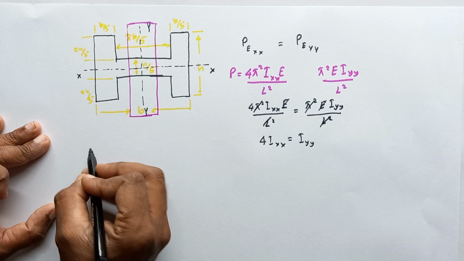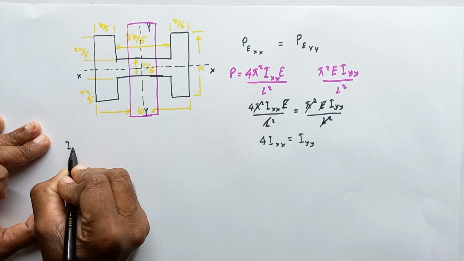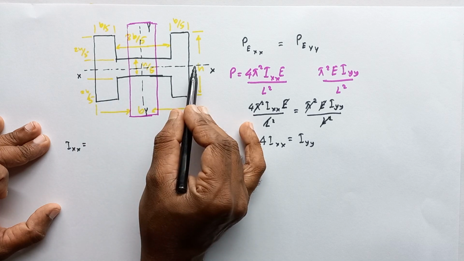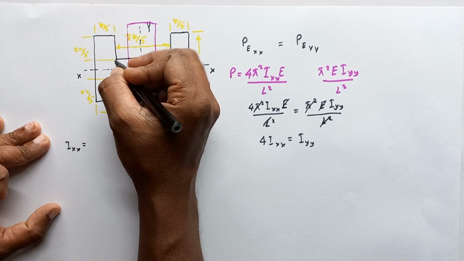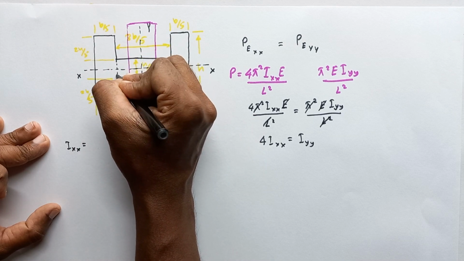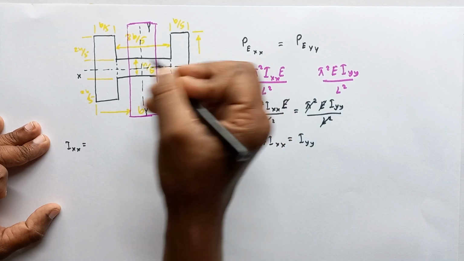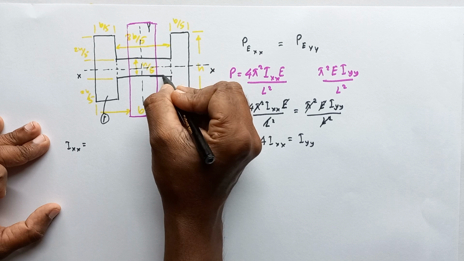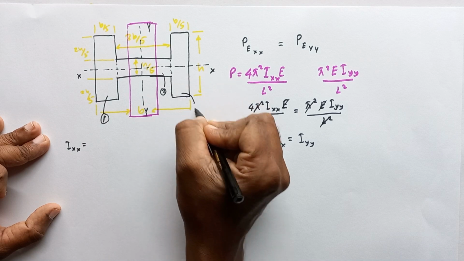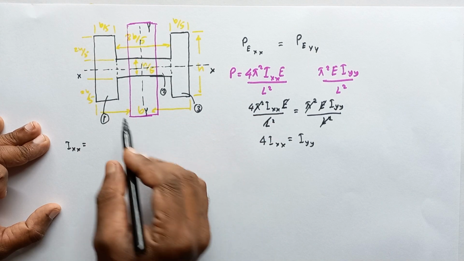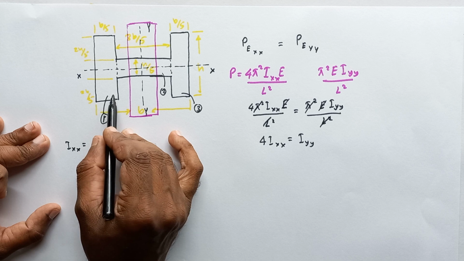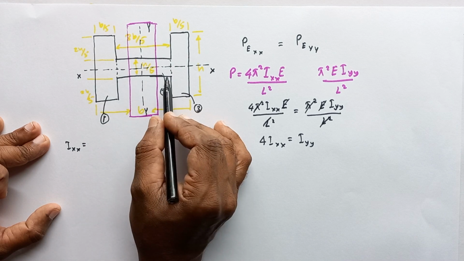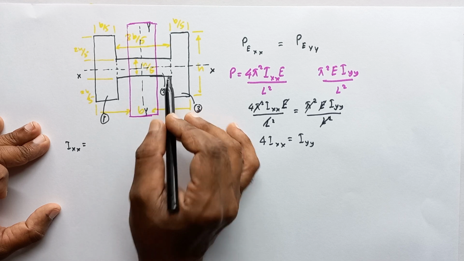Okay, well, let's calculate Ixx. So I'm going to divide this composite area into 3 areas. Let's take this area as 1, this area 2, this area 3. I'm going to find the second moment of area for area 1 separately, area 2, and area 3, and add these 3.